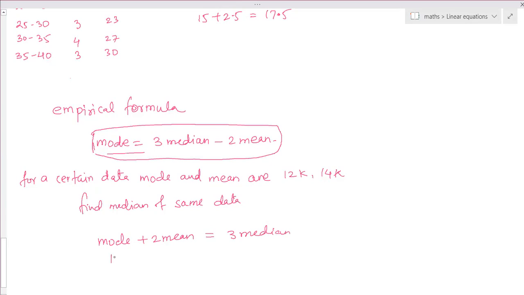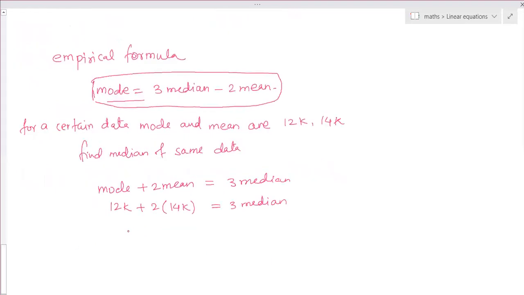Therefore, 12K plus 2 into 14K is equal to 3 into median. So it is 12K plus 28K, that is 40K, is equal to 3 into median.